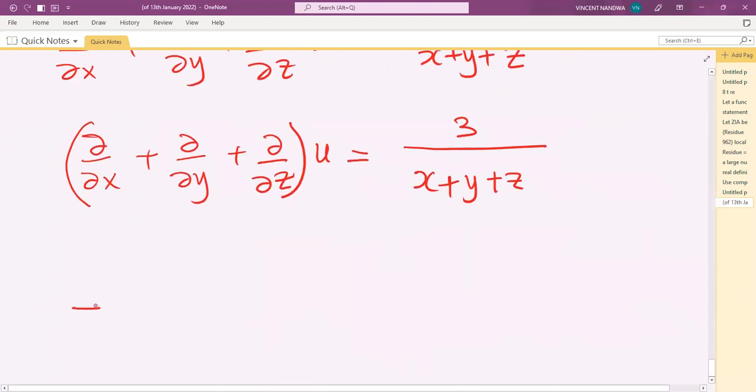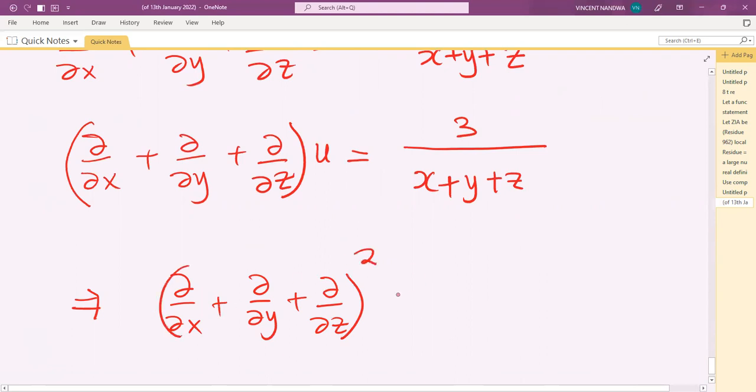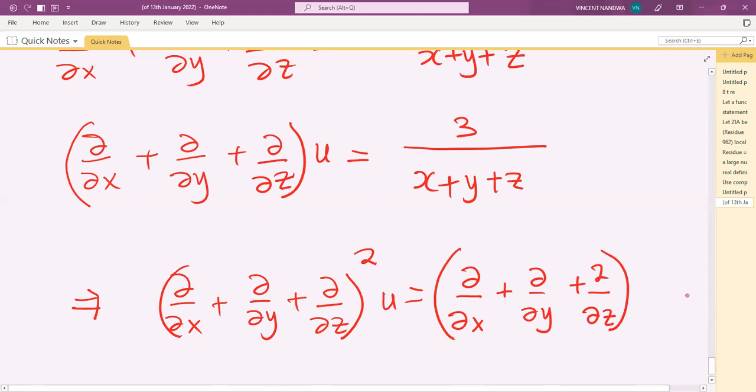So this implies that partial x plus partial y plus partial z, squared, is the same as partial x plus partial y plus partial z, then u function is 3 over x plus y plus z.